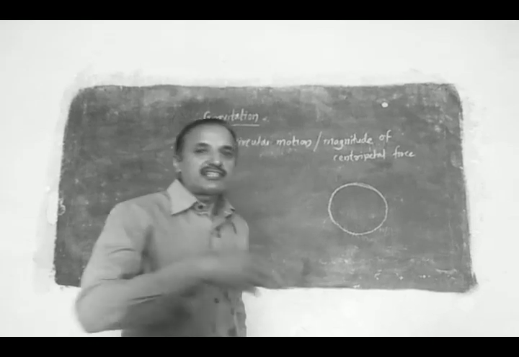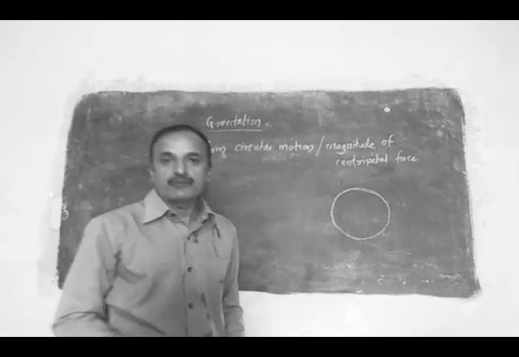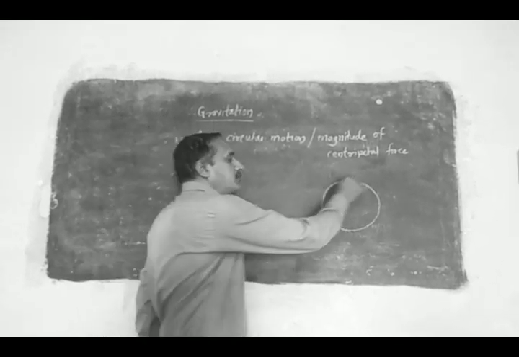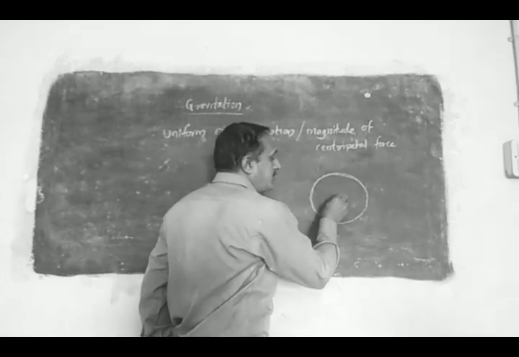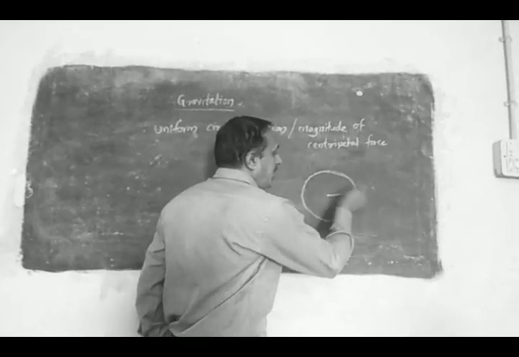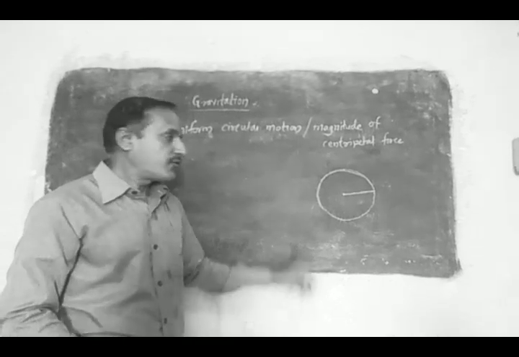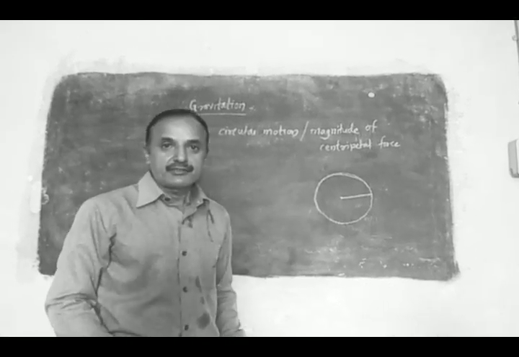Uniform speed means its speed is constant. It moves in a circle. At that time, there is a force acting on that object from the center of the circle.